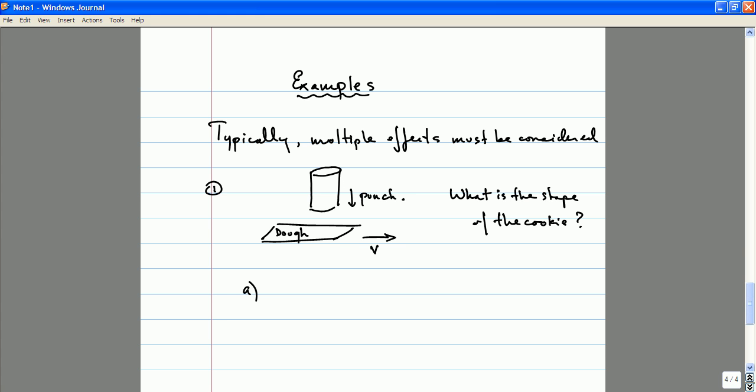Okay. And so that means that after the dough slows down, you'll find out that the shape punched by the cookie is actually slightly longer. It's going to be slightly elongated. Okay. So that would be because the dough is contracted. From the point of view of the puncher.